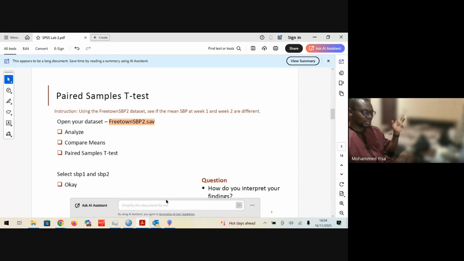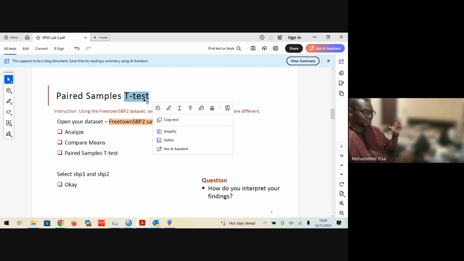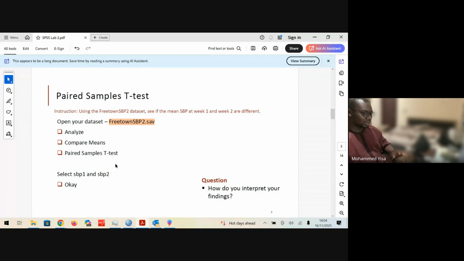But anyway, in order for you to do a t-test, whether paired sample or independent sample, or even the ANOVA that we're going to do next, there are a number of assumptions that you are working with. So I went ahead and demonstrated the t-test without checking those assumptions, because we're just trying to demonstrate how to do the t-test.